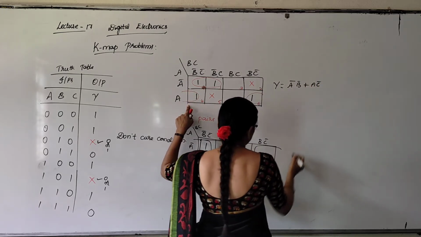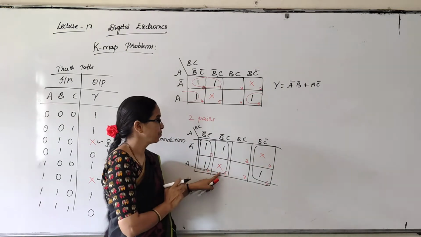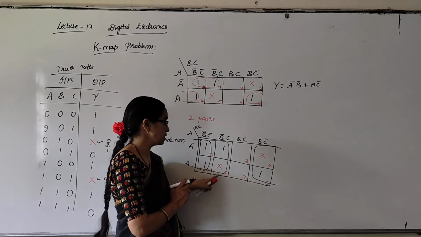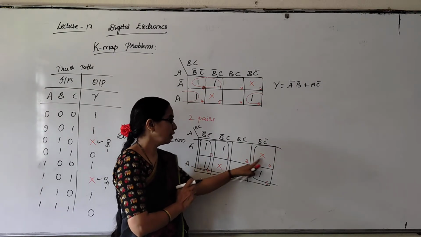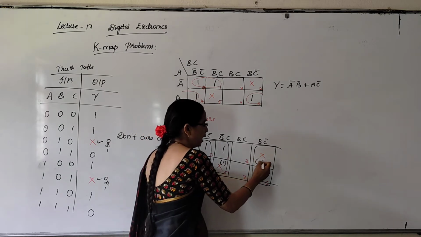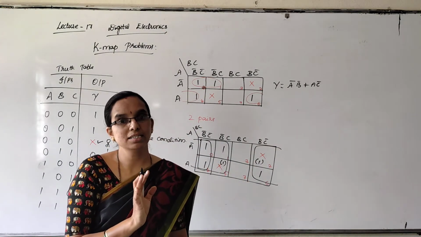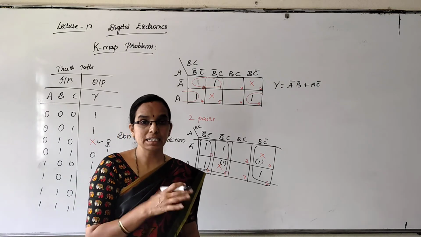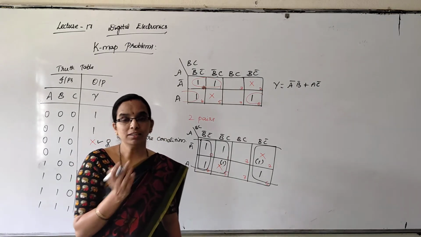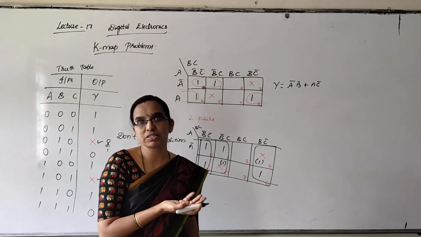A C bar. Here for my convenience I have taken don't care conditions as 1. It is my convenience whether I consider this as 0 or 1. It does not matter whatever the output condition. If it is 0 also no problem, if it is 1 also no problem.